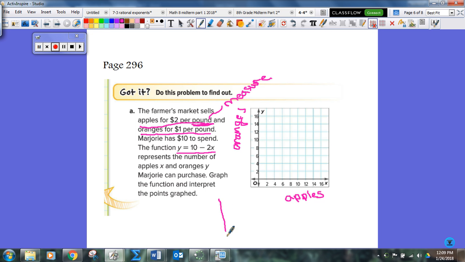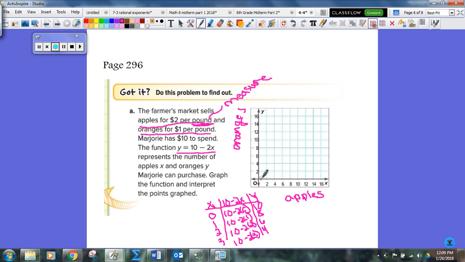So I'm going to make a table. X, Y, and I'm going to do 10 minus 2x, and I'm just going to do 0, 1, 2, 3. So 10 minus 2 times 0 is 10. 10 minus 2 times 1 is 8. 10 minus 2 times 2 is 6. 10 minus 2 times 3 is 4.